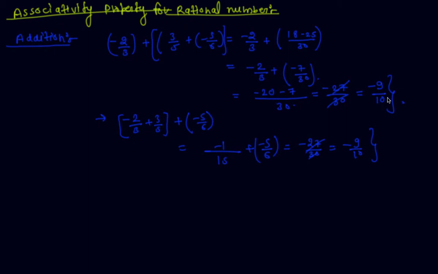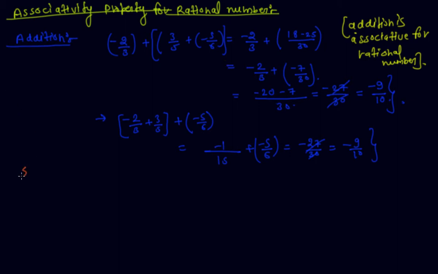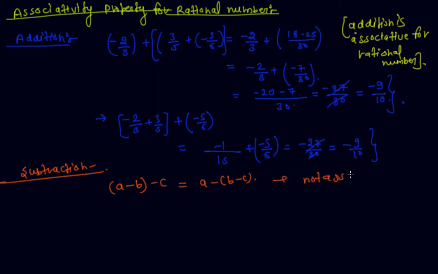So we can say addition is associative for rational numbers. In the same manner, if you check subtraction, a minus (b minus c) versus (a minus b) minus c, it is not associative. Check by yourself.